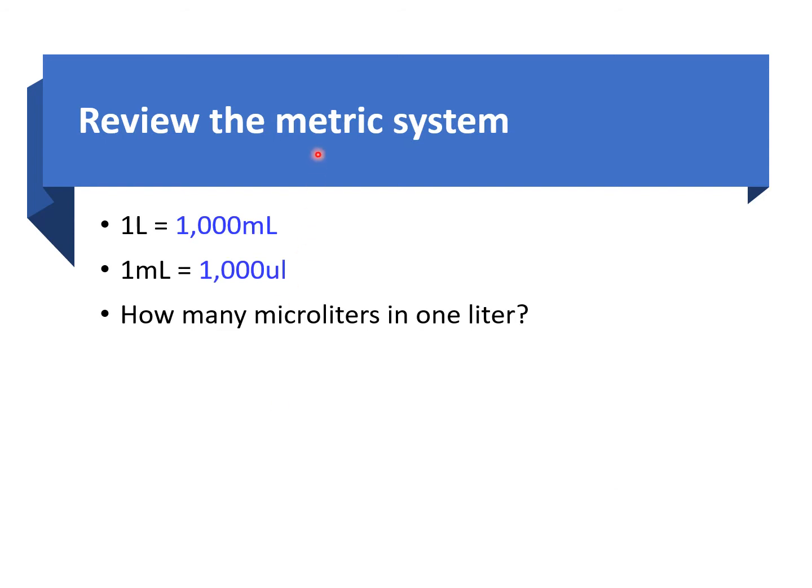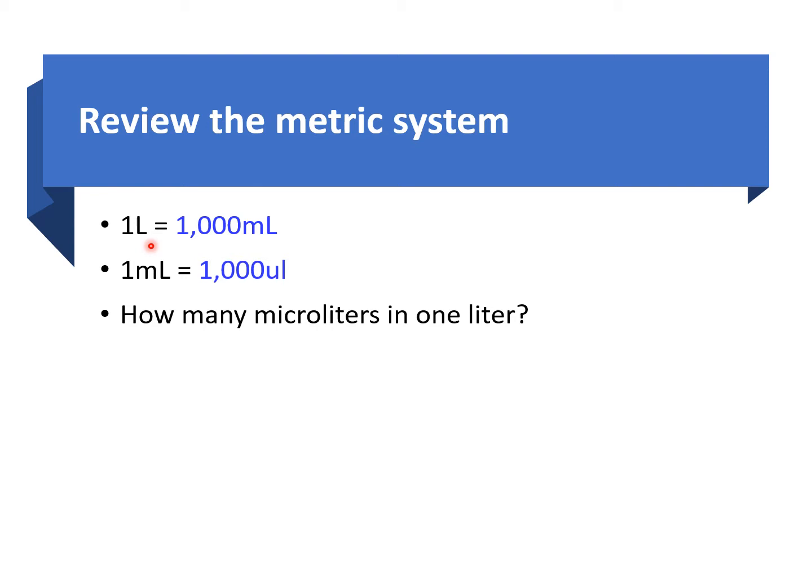Let's talk about the metric system so that we can introduce what a microliter is. The metric system is a system of measurement that uses meter for distance, liter for volume, and gram for weight. We're going to be talking about volume, so the unit that we use is liters.